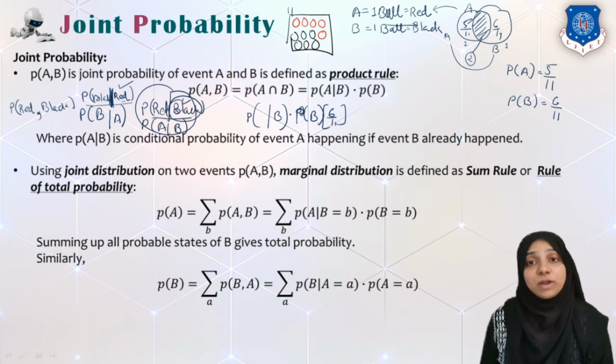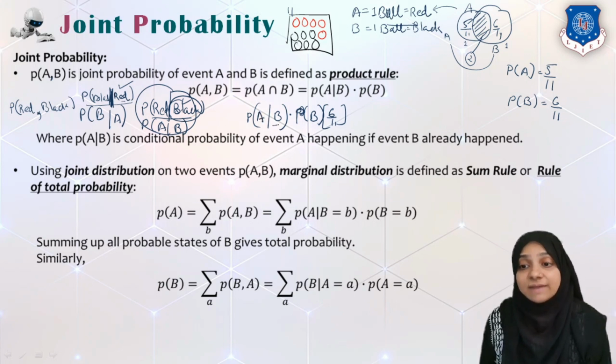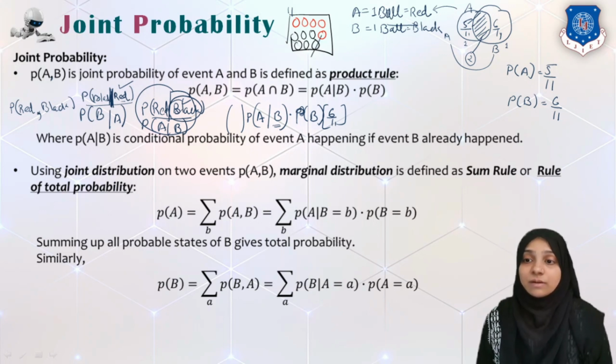I want to find the probability of A given that B has already happened. That is, the probability of the ball being red given that the first ball drawn is already black. So this is nothing but our conditional probability. If one black ball is already drawn, what is the probability that the next ball will be of red type?